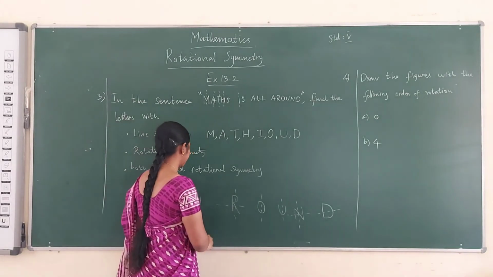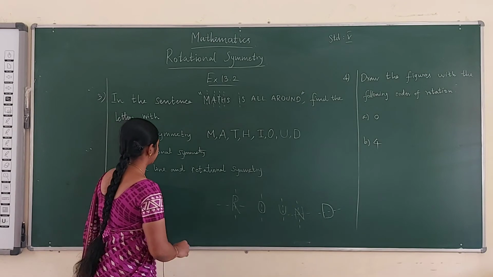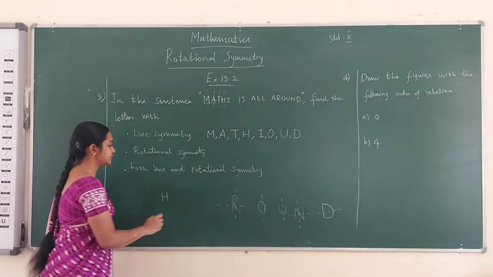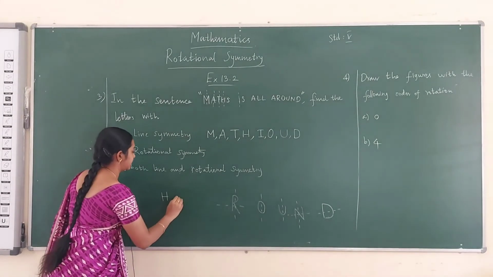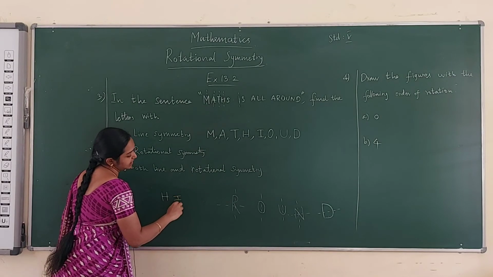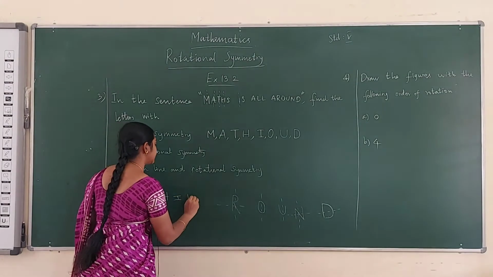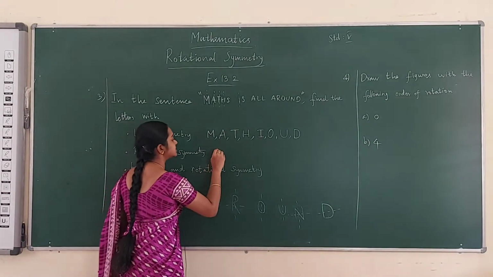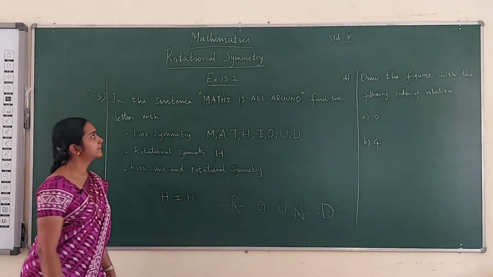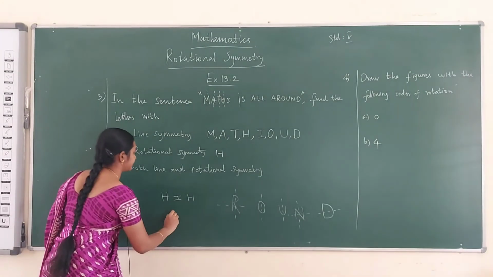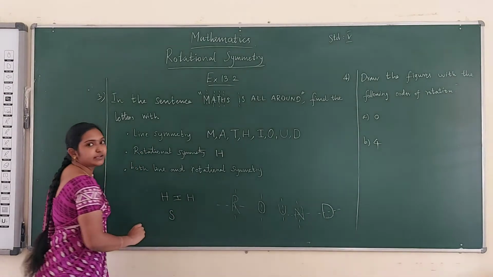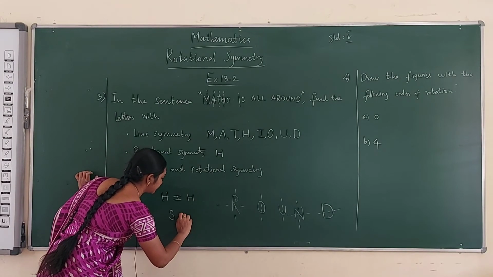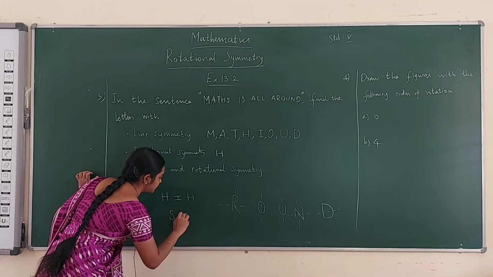But for H, if we rotate H for 180 degree, it will look the same. First we have rotated for 90 degree. And next if we rotate for 180 degree, it looks the same. So H is having rotational symmetry. Next, S. If we rotate S, it will look like this.